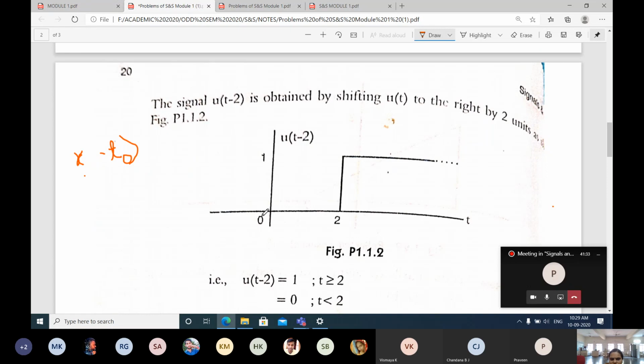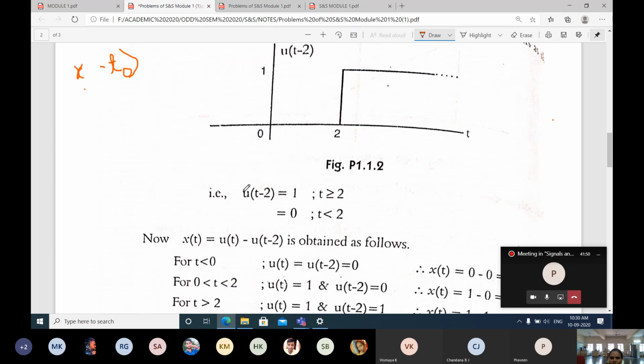Instead of starting the unit step function at 0, it will start from the second position. That is the u of t minus 2 function. In terms of equation, u of t minus 2 is equal to 1 when t is greater than or equal to 2. For t greater than 2, it will be 1 only. For other values, it will be 0.